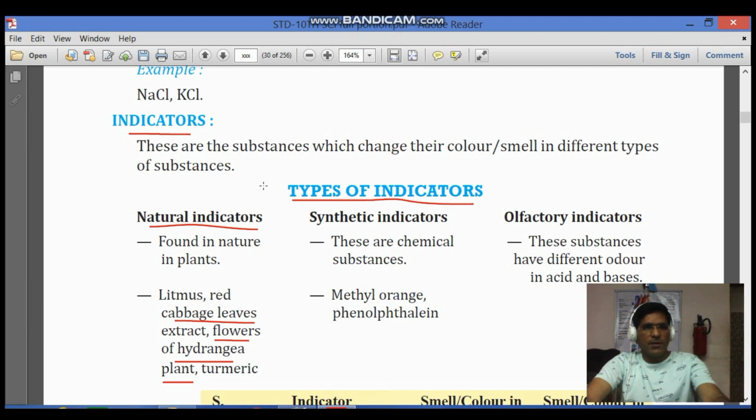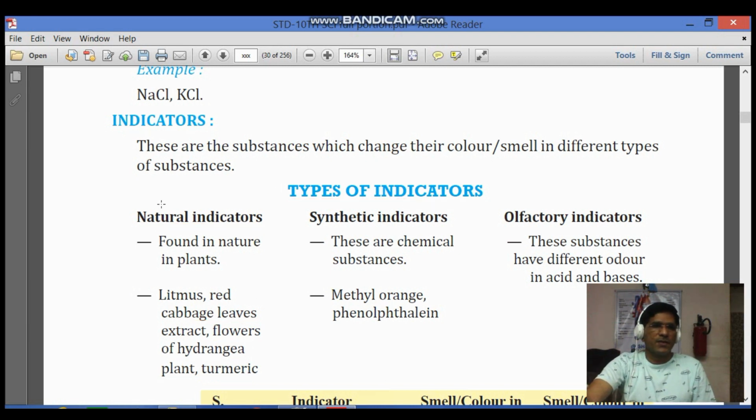So today we want to discuss three topics: first natural indicator, second synthetic indicator, third olfactory. Synthetic means which we make chemically.